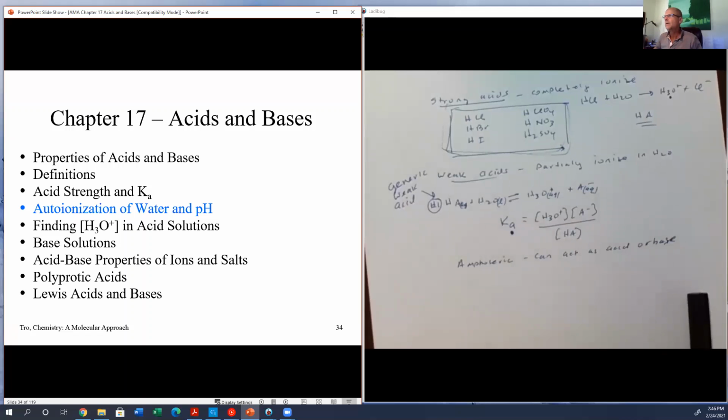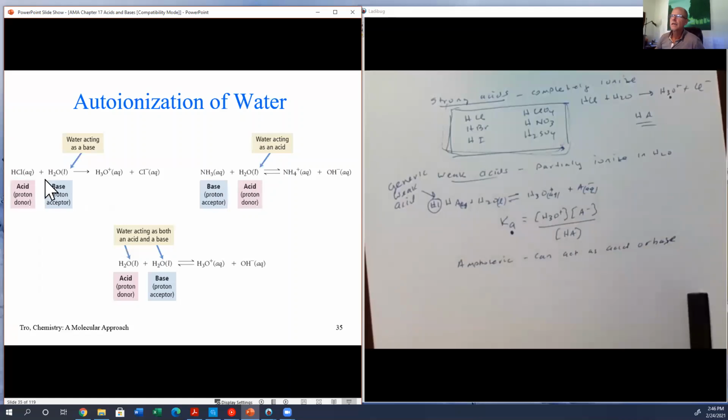For example, if you put hydrochloric acid with water, water acts as a proton acceptor. It acts as a base, okay? But if you put water with ammonia, water acts as an acid. It donates a proton to ammonia.